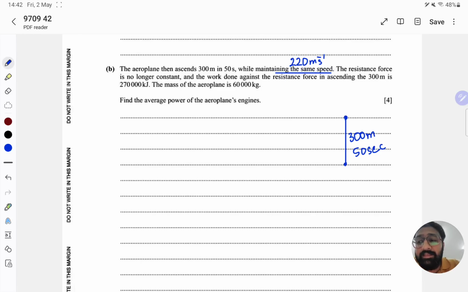Since there is a change in energies, we will write down the energies before and the energies after. There are three energies: potential energy, kinetic energy, and the work done by driving force.